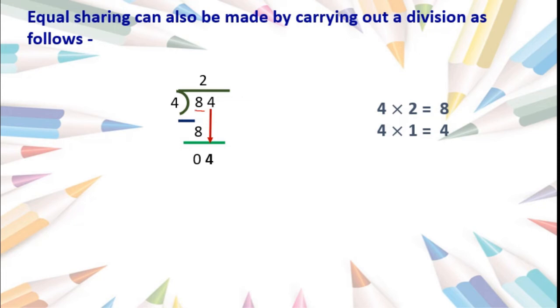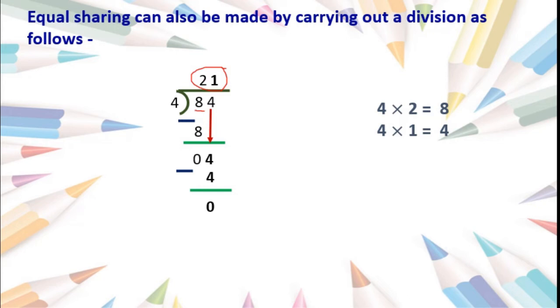So we will write 1 in the unit place in the quotient. Correct? Now we will write 4 below 4 and we will subtract these. So what did we get? 4 minus 4 is 0, isn't it? Here also we got 21 as the answer. There also we got 21 as the answer, isn't it?